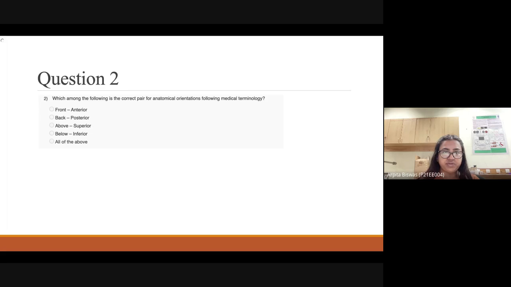Which among the following is the correct pair of anatomical orientation following medical terminology? First is front, anterior; second, back, posterior; third, above, superior; and fourth, below, inferior. Or option D is all of the above.